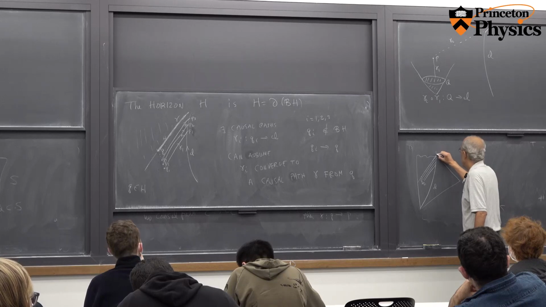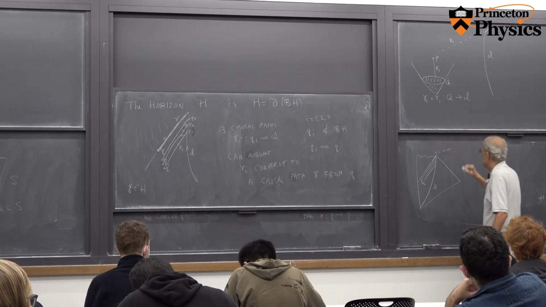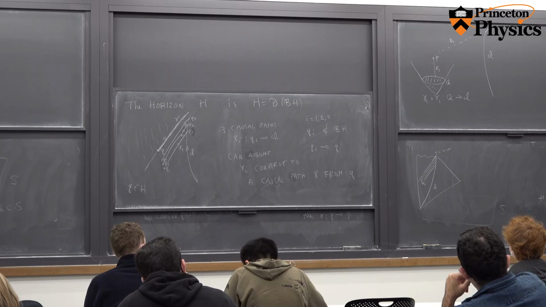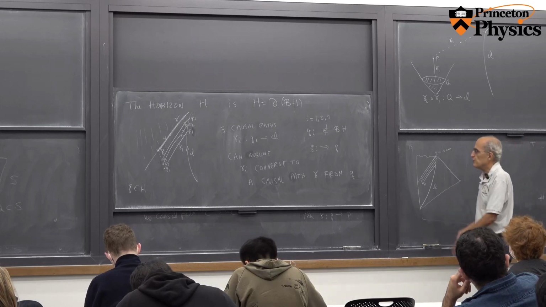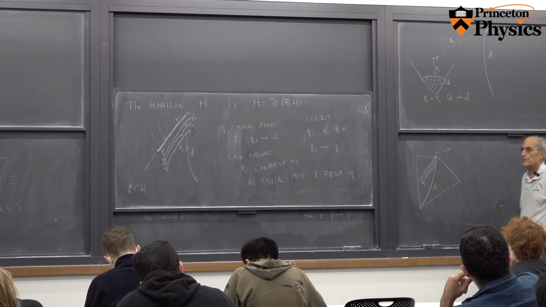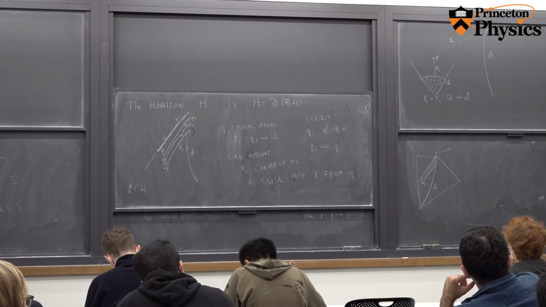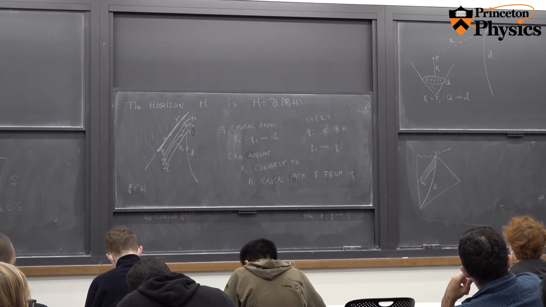It reaches it at this point, which is at t equals plus infinity. So what we've proved here is that what happens in the idealized Schwarzschild solution is generic. As long as you're outside the horizon, you can communicate with infinity, but as you approach the horizon, the time at which a signal you emit reaches infinity goes to infinity.